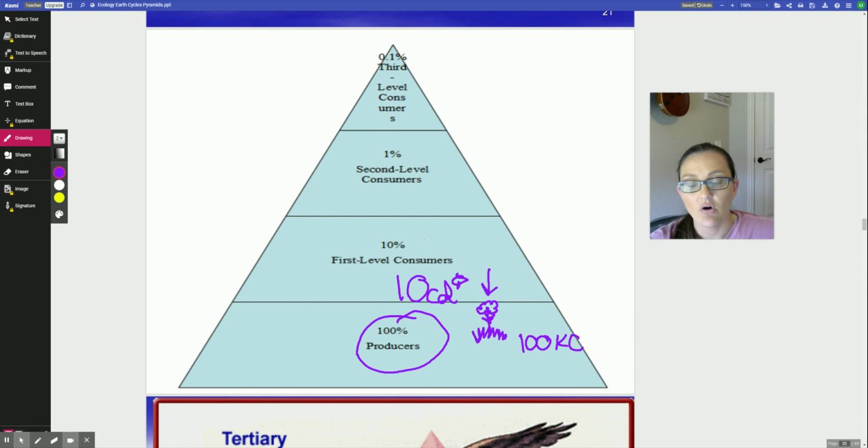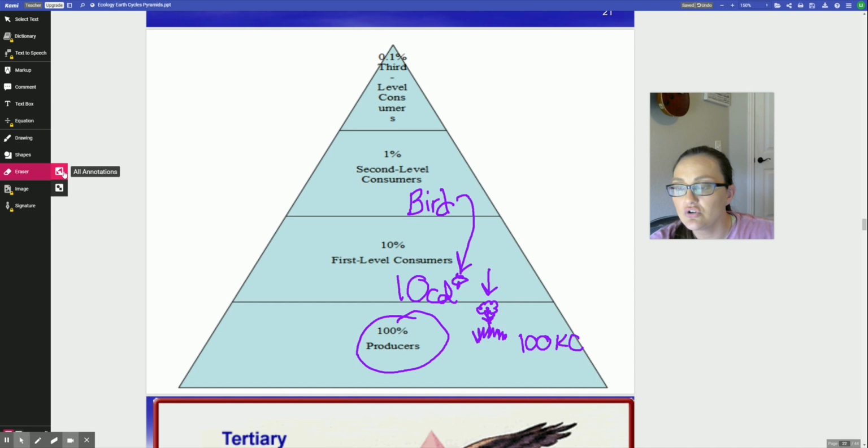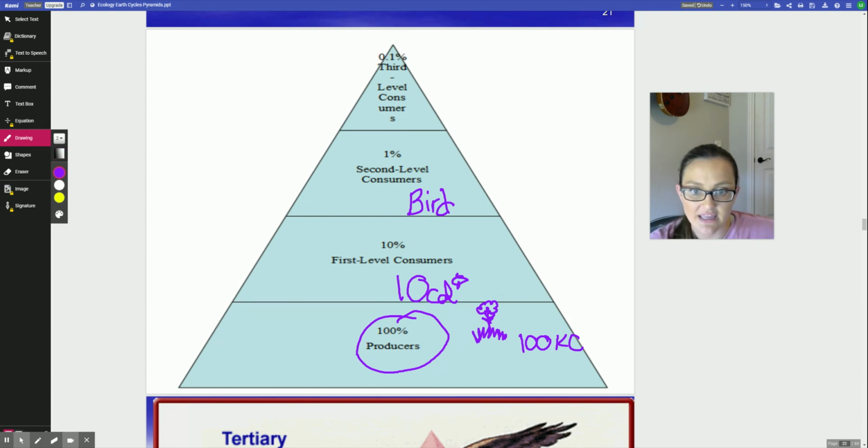Okay. Now, I am a birdie. Look at me. Bird. I cannot draw birds, so I will write bird. I am a bird and I eat the bug, right? Oh, I messed up my arrows. Okay, so you always draw from the food source into the belly of what's eating it.